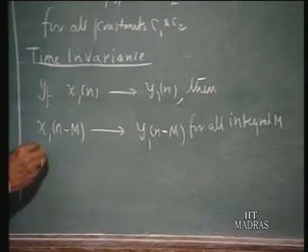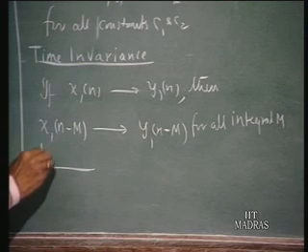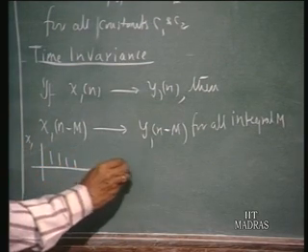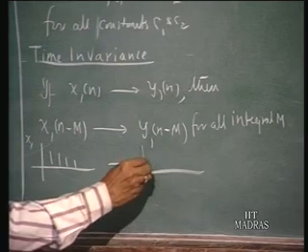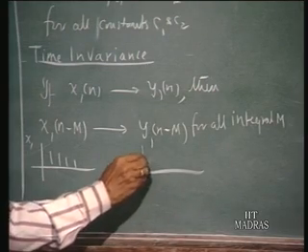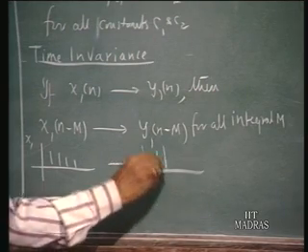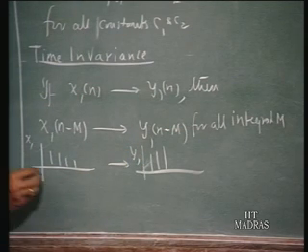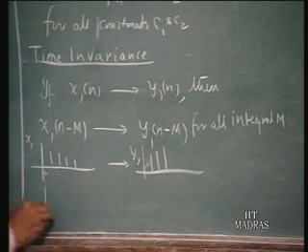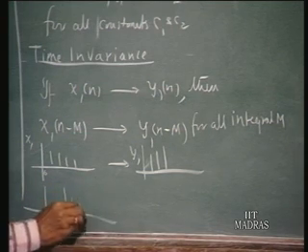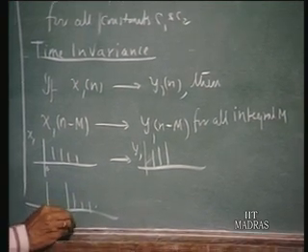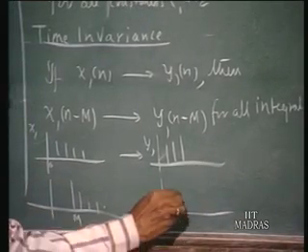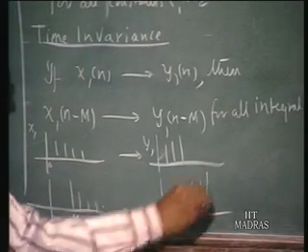In other words, if I have this x1 of n, and that produces an output, say like that, this is y1, then if I delay this by m sampling instants, that is, instead of starting from 0, if I start this from m, then the y1 also will correspondingly get delayed by this instant. This is m.